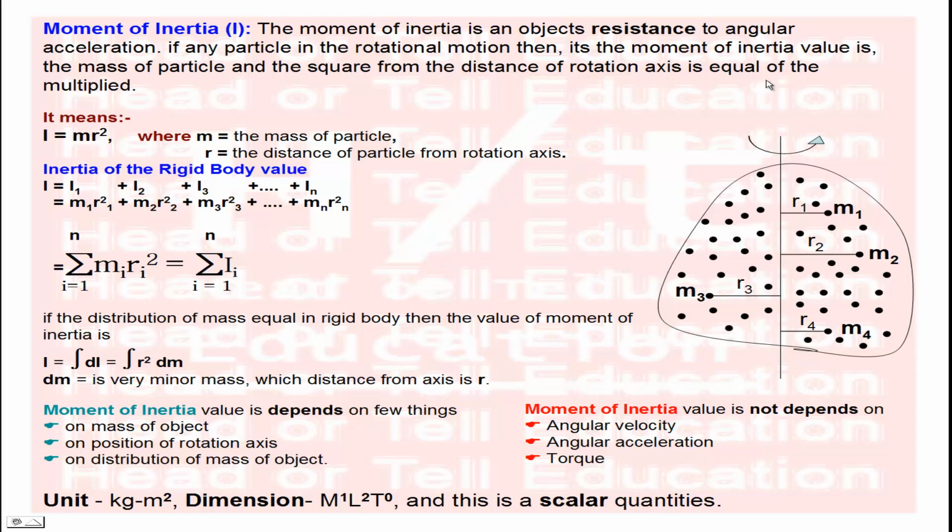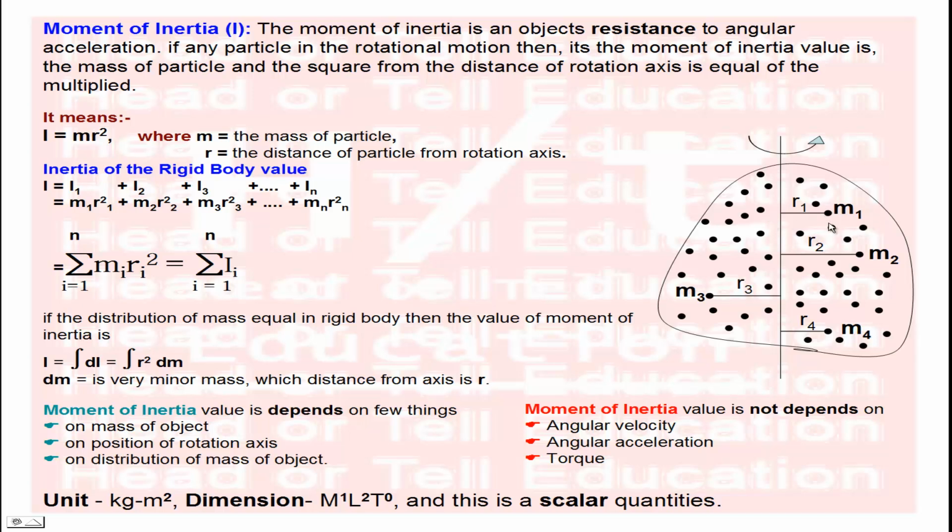According to this diagram, we have a rigid body, and in this rigid body we have small particles, because a rigid body is a collection of particles. All particles have different distances from the axis and different masses.